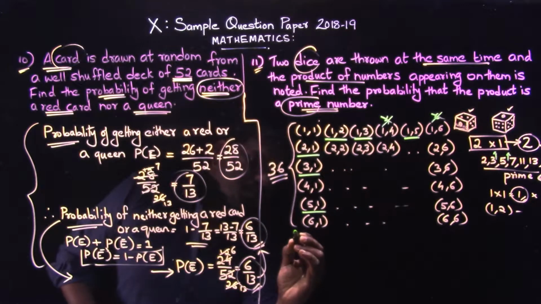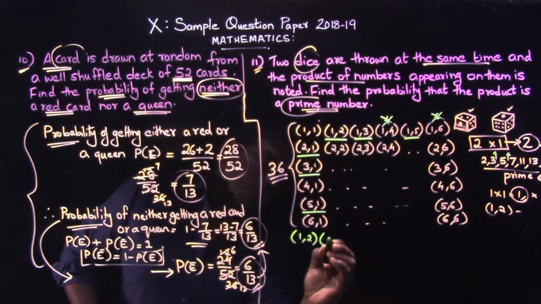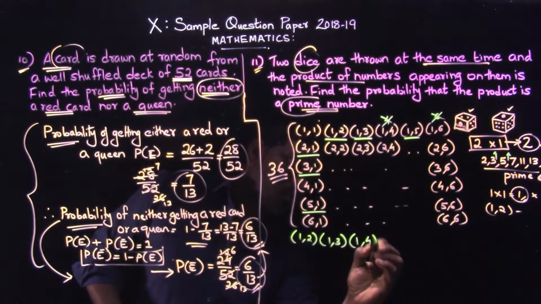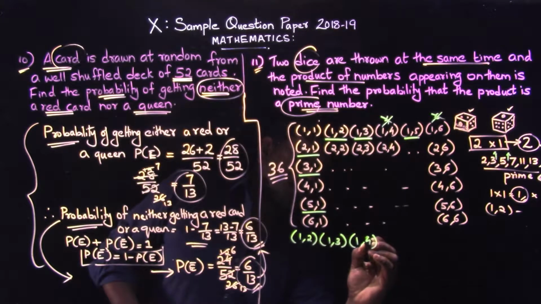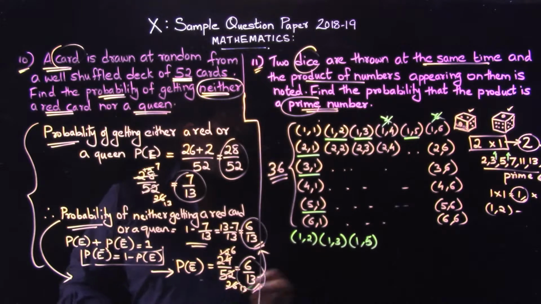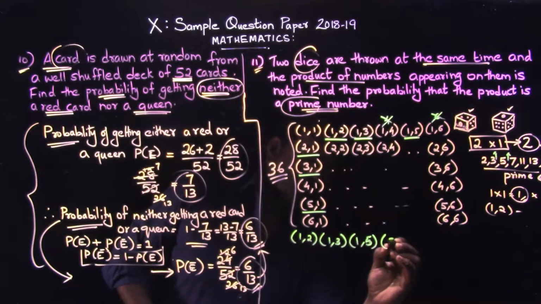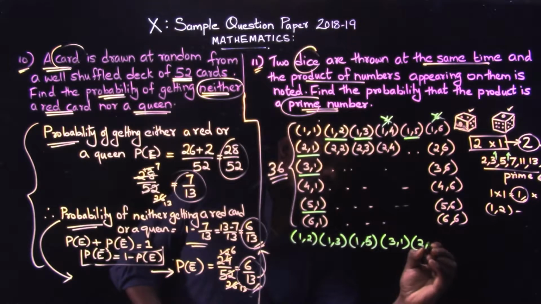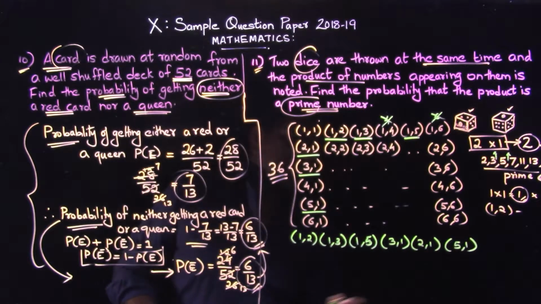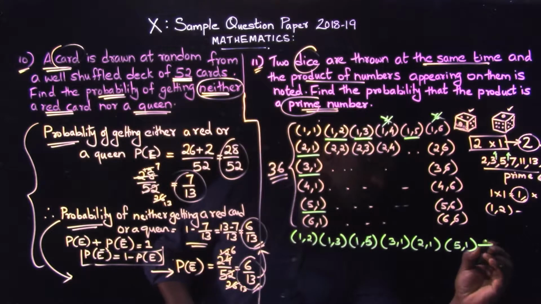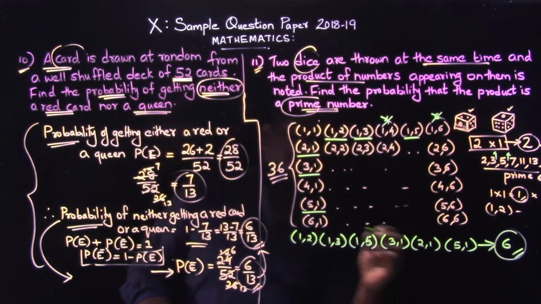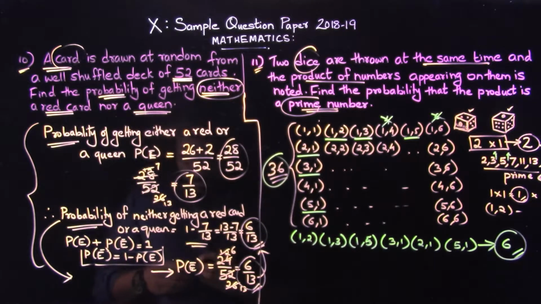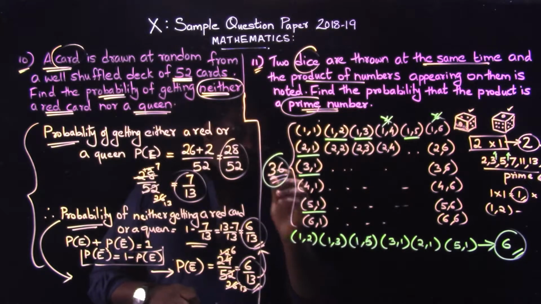So if I note it down separately, it would be 1 and 2, 1 and 3, then 1 and 5. Then you have 2 and 1, 3 and 1, then you have 5 and 1. So these are the favorable outcomes out of the total outcomes. You have 6 outcomes out of 36 total.